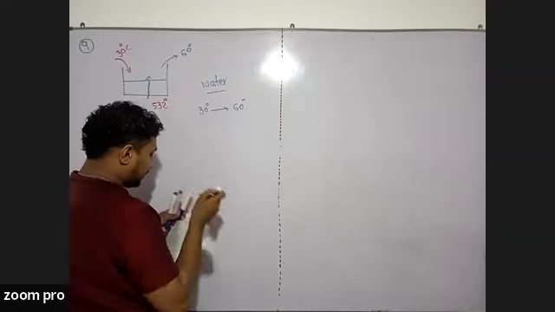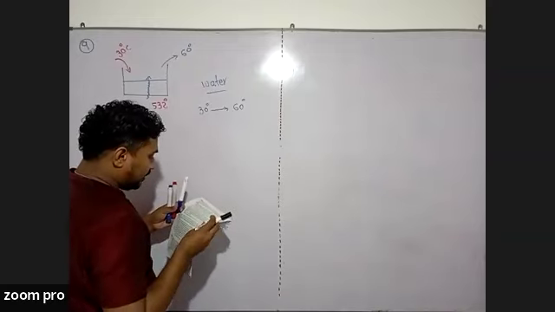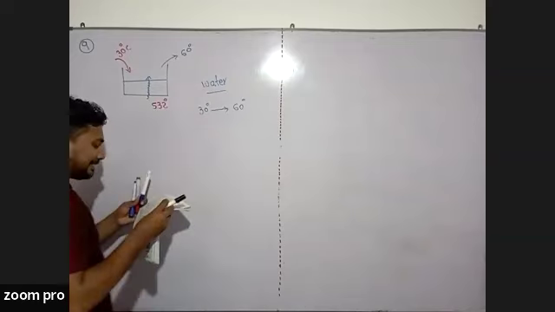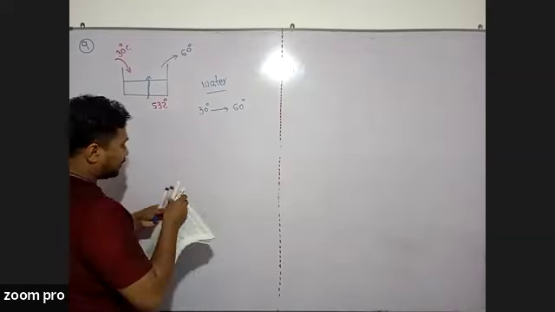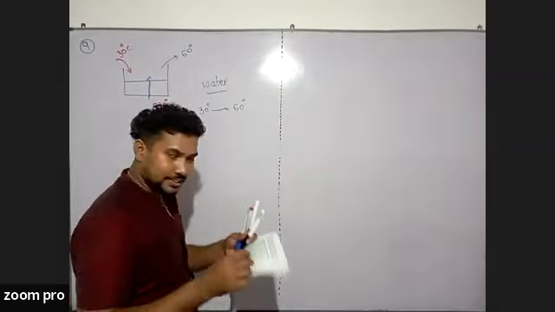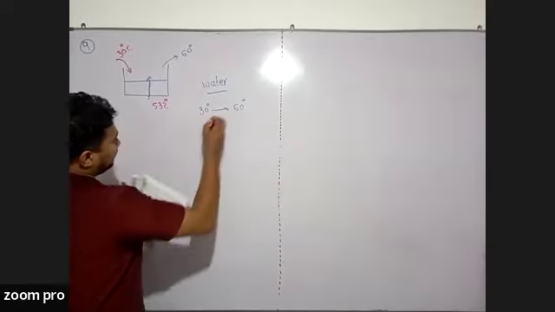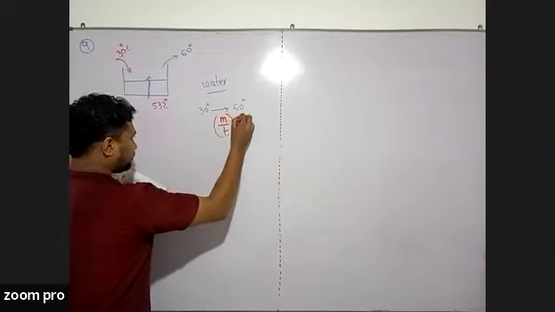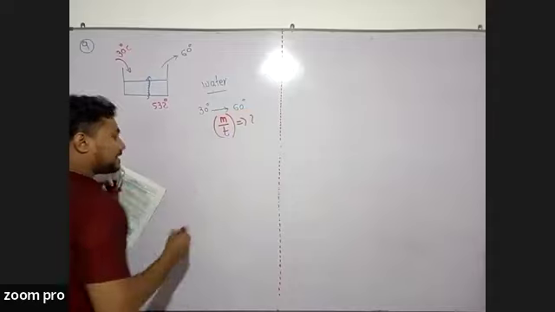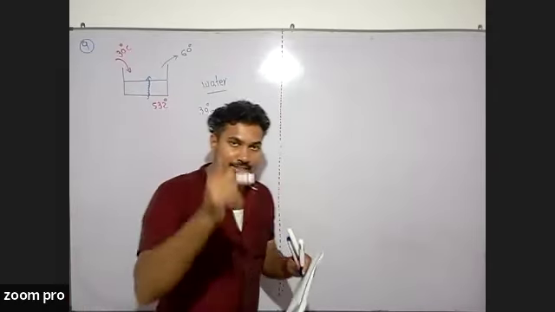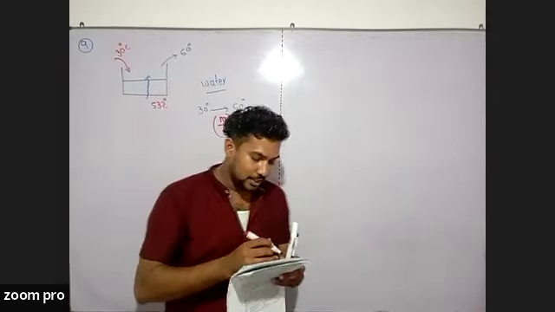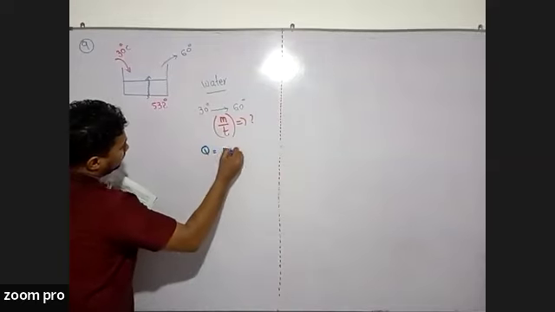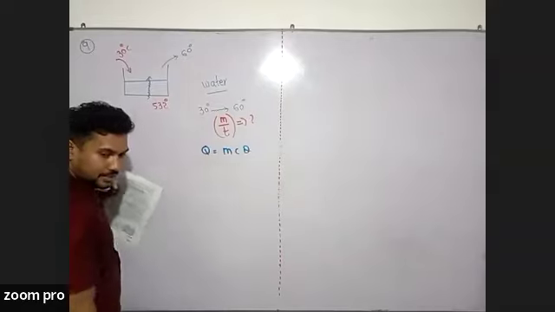and the question is asking to calculate the maximum rate at which hot water at 60 Celsius can be taken out. Maximum rate, right? That means they're asking about M over T. Now guys, if there's a temperature difference, what is the equation that we can apply? It obviously is Q equals m c theta, right?